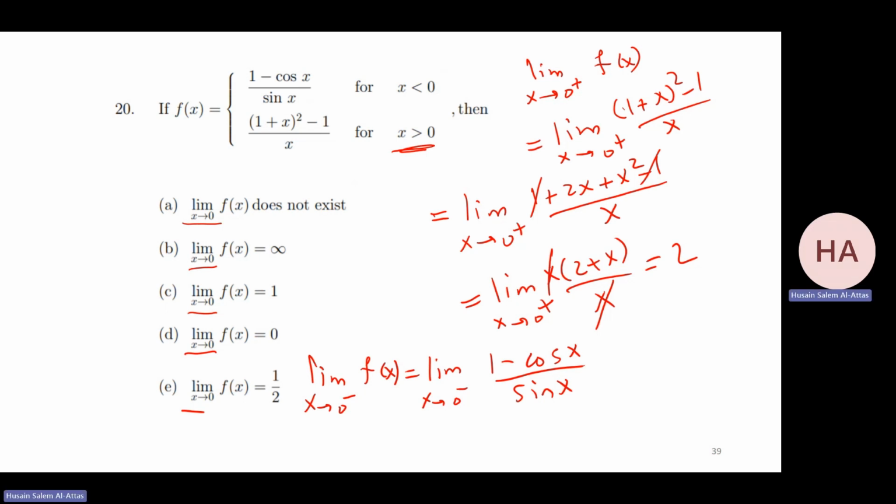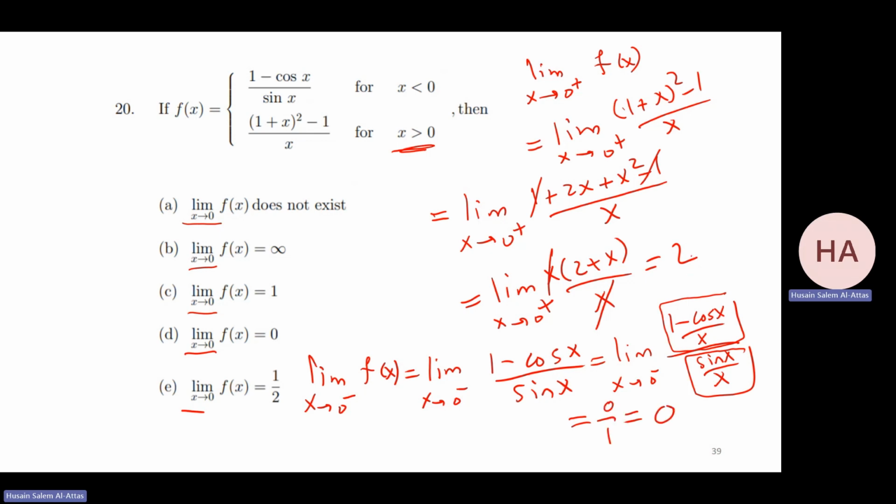I can divide the numerator and the denominator by x to use the special limits. So (1 minus cosine x) over x, and (sine x) over x. This one, I know the limit as x goes to 0 is 0. And this one, I know the limit as x goes to 0 is 1. So the answer is 0 over 1, which is 0.